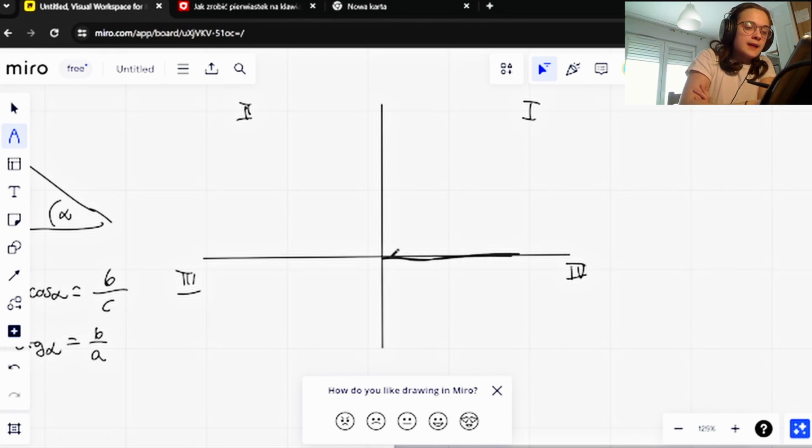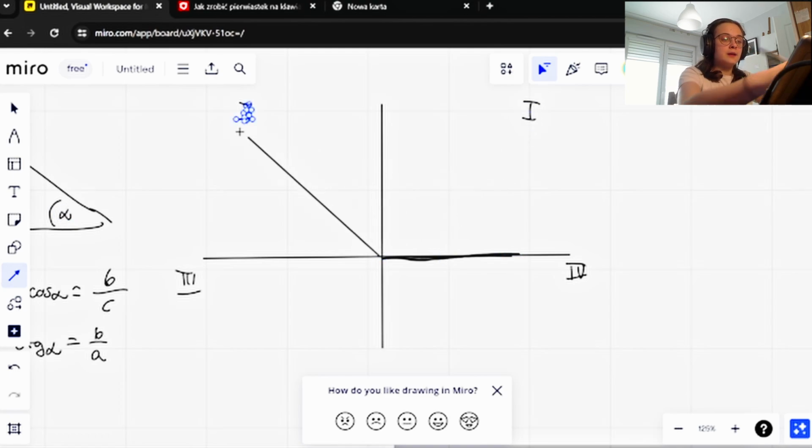We always start so that one of the arms is on the x axis, and it stays here. It doesn't move. But the second arm might be here, might be here, might be here, it might be here.